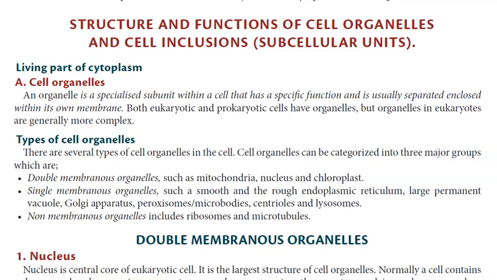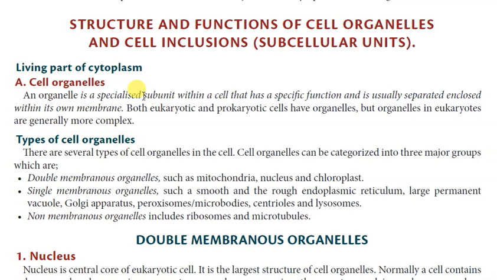What is an organelle first? An organelle is the specialized subunit within a cell that has a specific function and is usually separated, enclosed within its own membrane. Hii ni specialized subunit. It is called specialized because inakuwa ina features fulani kwenye structure, na pia inakuwa ina chemistry fulani, yani inakuwa imeweza contain certain enzymes which are not present in other organelles. You see?